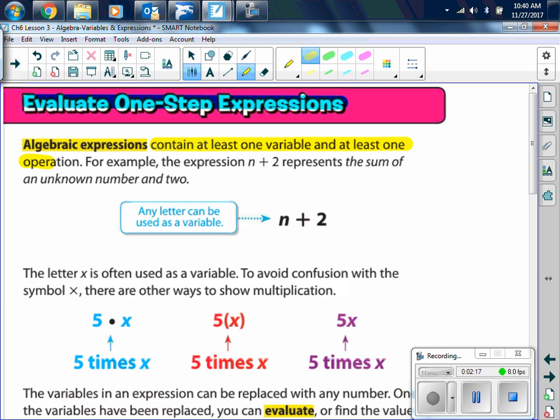For example, here we have n plus 2. n plus 2 is an algebraic expression because it has a variable and it has at least one operation. It has the addition. So n plus 2 is an algebraic expression.